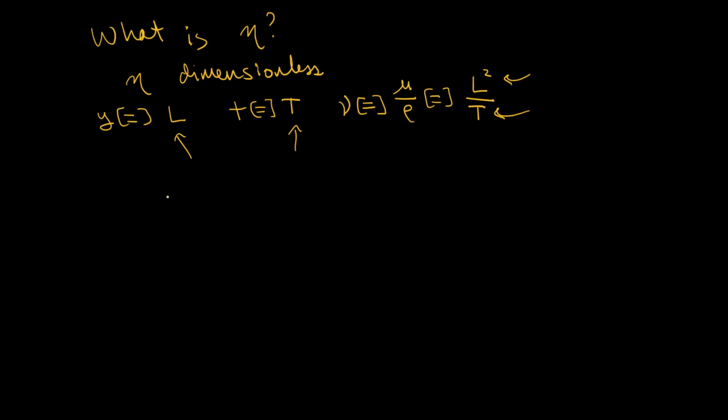So one way to figure out what eta could be is we can write down nu. Nu has units of length squared, so we have to divide this by y squared, and that'll cancel out our two lengths. Then we can multiply it by a time, because nu has a unit of time in its denominator. So this should be dimensionless, and that could be a value of eta.